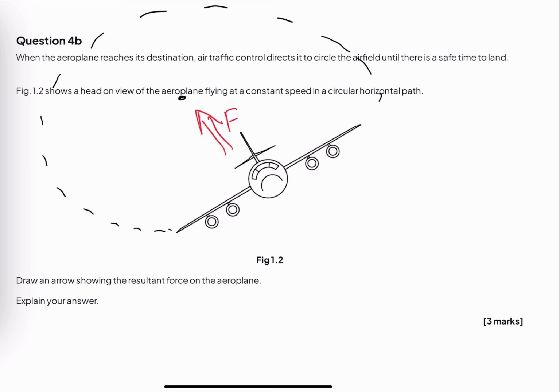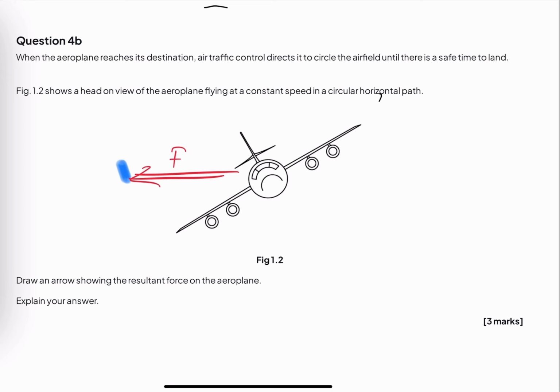So this is the resultant force on the object. It's not a vertical circle but a horizontal circle, so this will be the center of the circular path, and the resultant force will be toward the center of the circle.